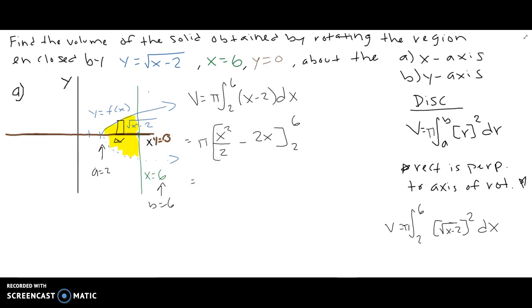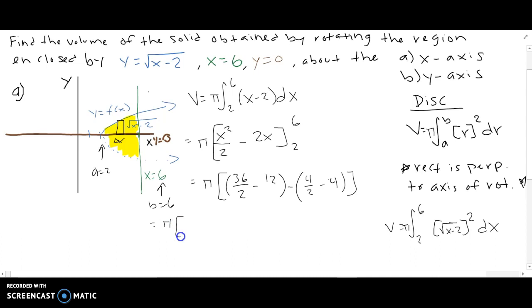So we have pi times 36 over 2 minus 12, right? And that's the first part, minus evaluated at the second part, which is 2. 4 over 2 minus 4. All right, so that is going to be pi times 36 minus 24 over 2 minus 4 minus 8 over 2.